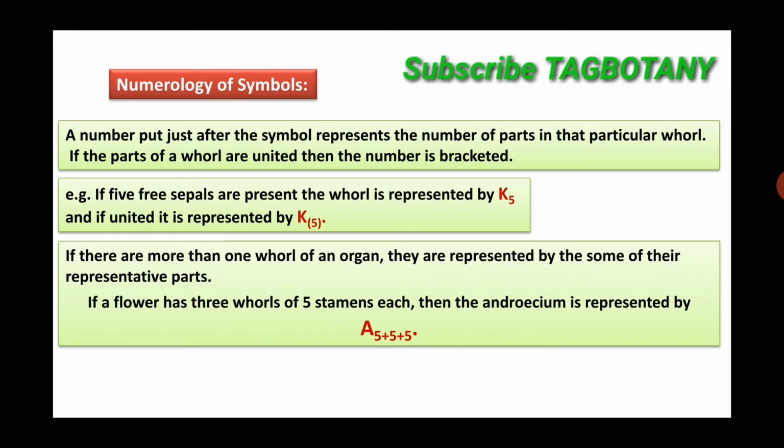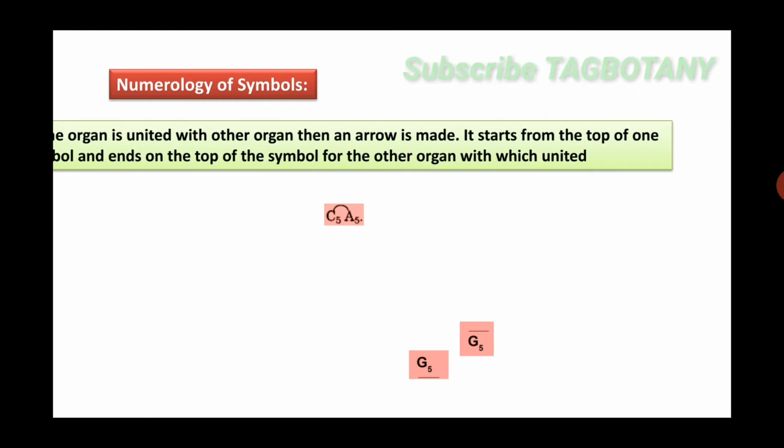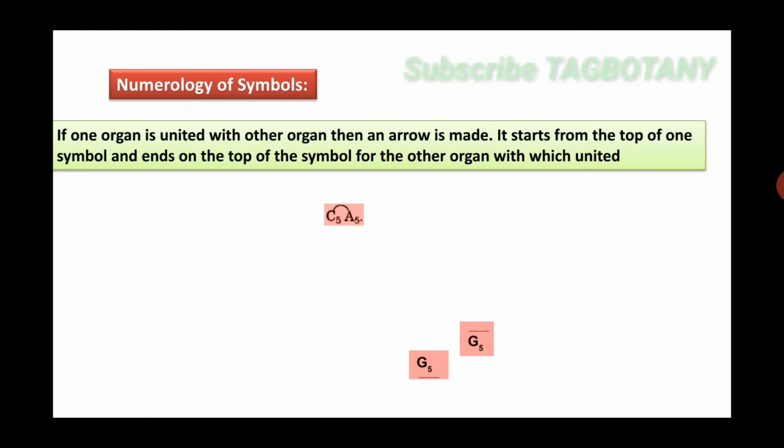If there are more than one whorl of an organ, they are represented by some of their representative parts. If a flower has 3 whorls of 5 stamens each, then the androecium is represented by A 5 plus 5 plus 5. If one organ is united with other organ, then an arrow is made.